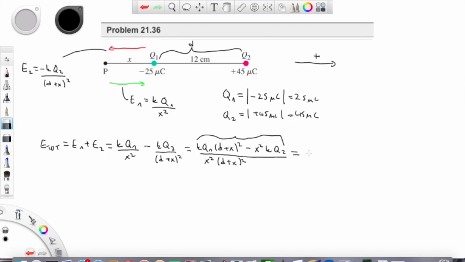Let's make it look nicer first. They both have the factor k in common, so we can take that one outside.